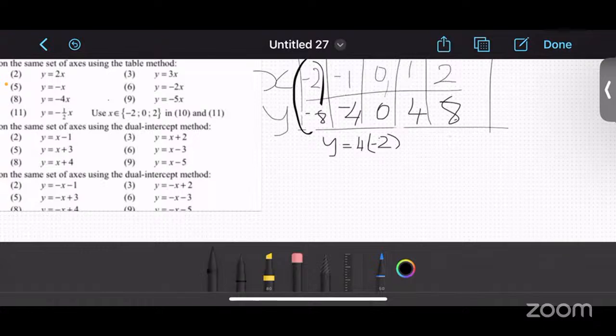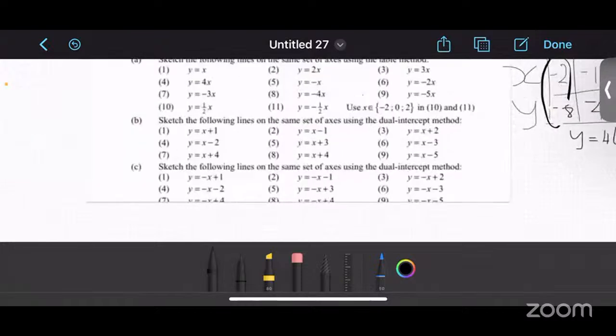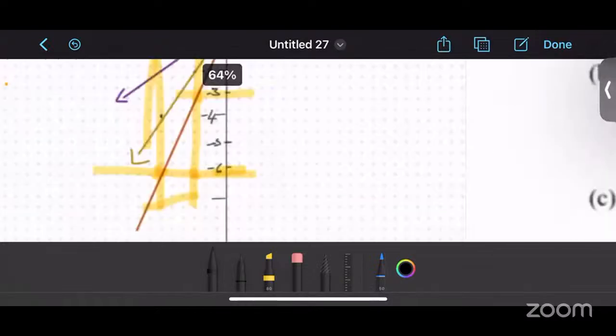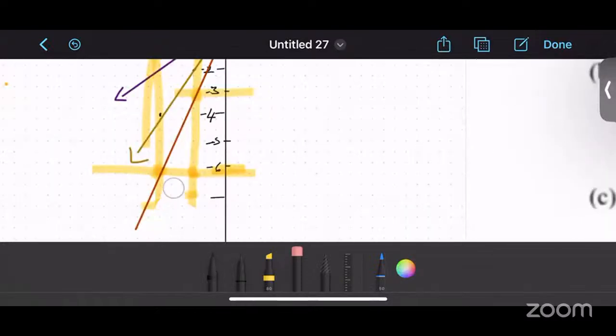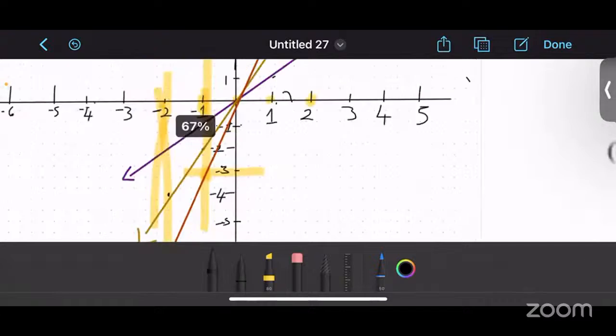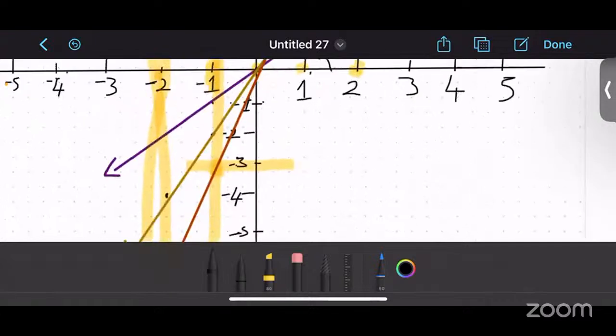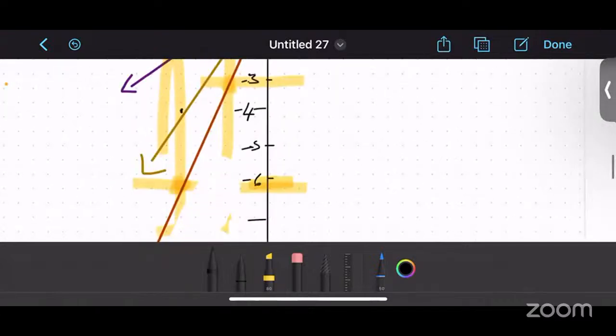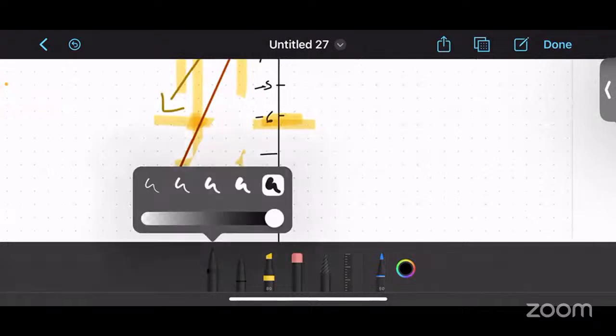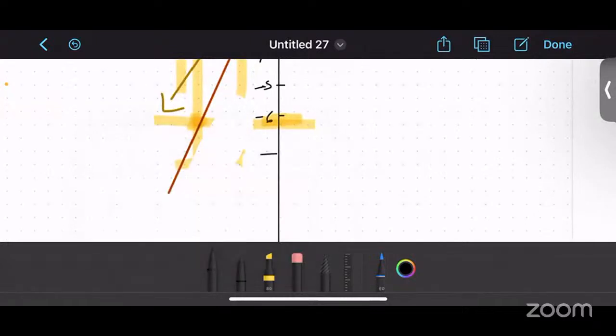Then for plotting them, my coordinates for the first one is negative 2 and negative 8. Yeah, so I'm going to plot them down. Minus 2 and minus 8. So we have minus 2 and we don't have 8 here. So I'm just going to have my line here.